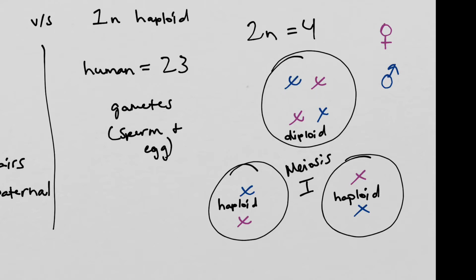So those two cells are at the end of meiosis 1, right? Look quickly back at mitosis. Let's go back to our 2n equals 4 example. I'm going to stick to my blue and pink designations.